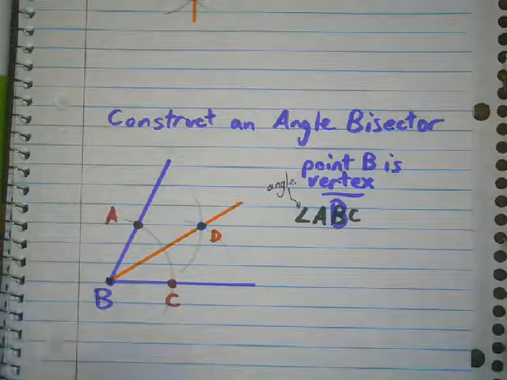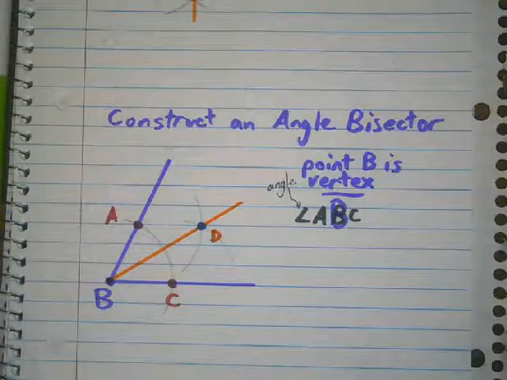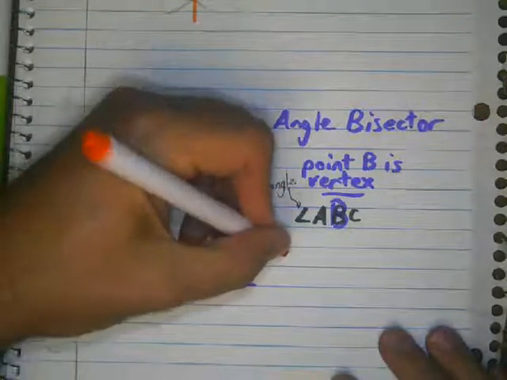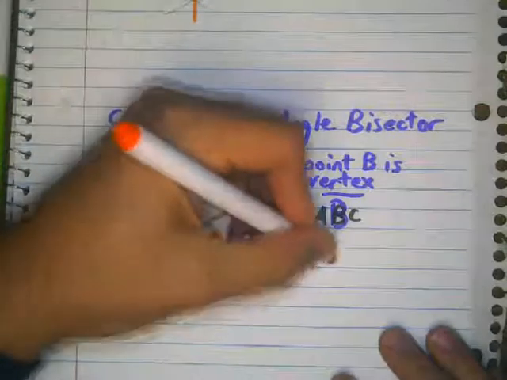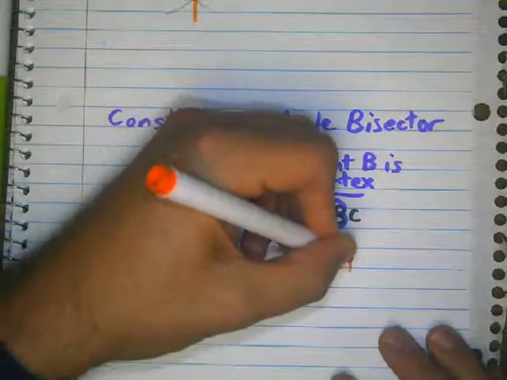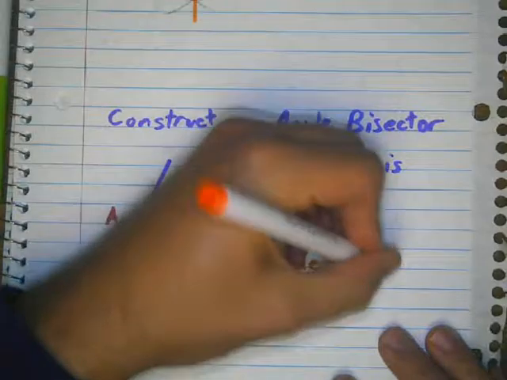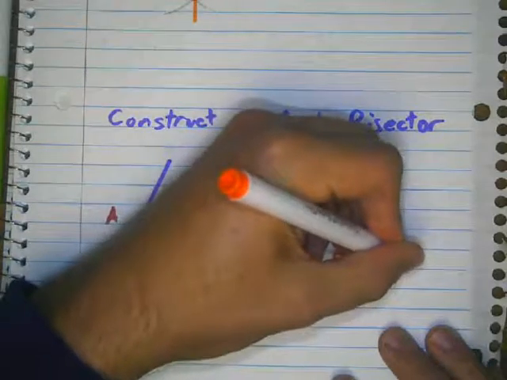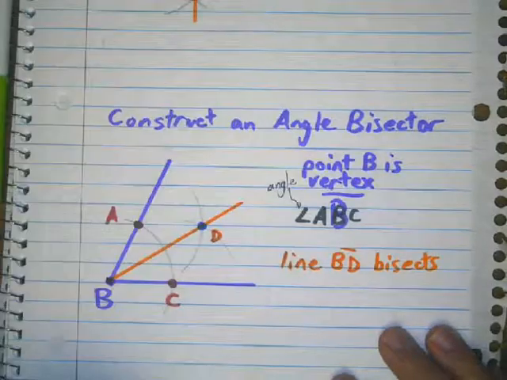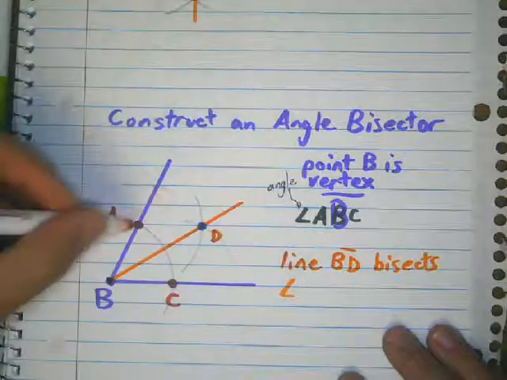So we can say that line BD bisects angle ABC.